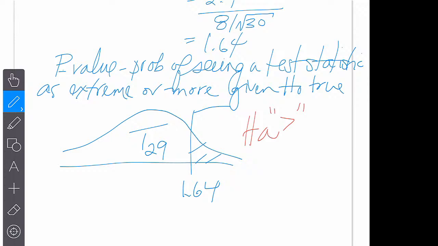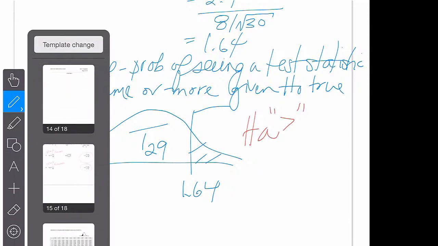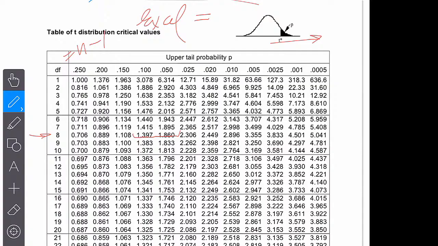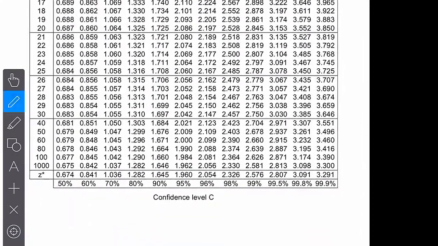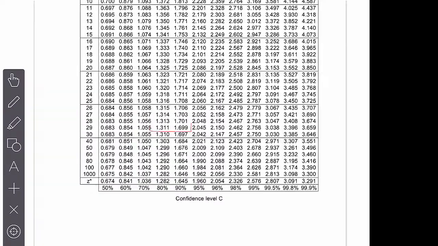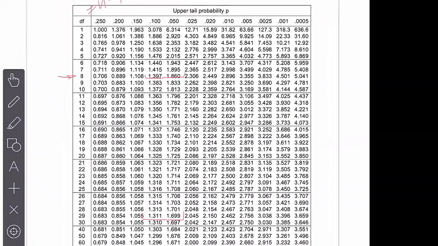So you go to the T29 and you look for .64. It looks like it's between these two. And what are those two? That's between 10 and 15%.